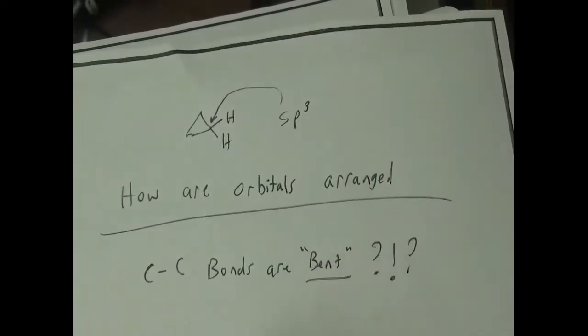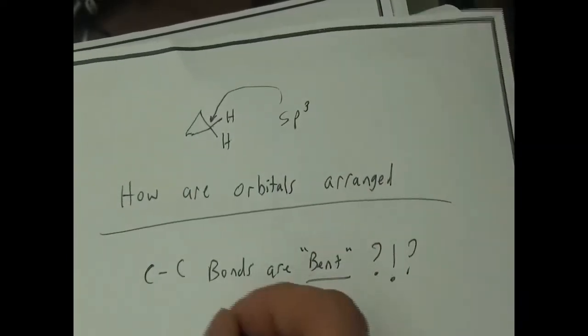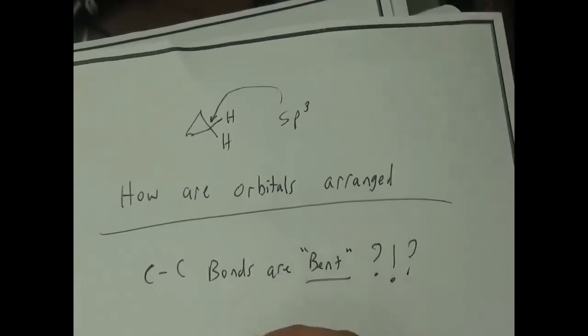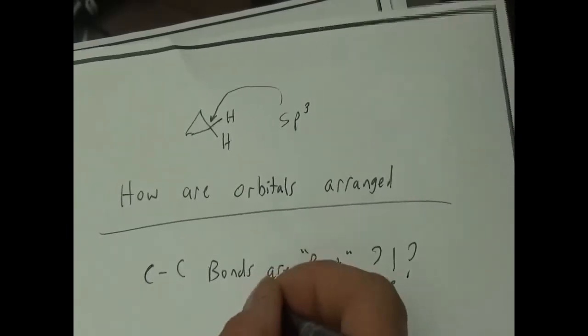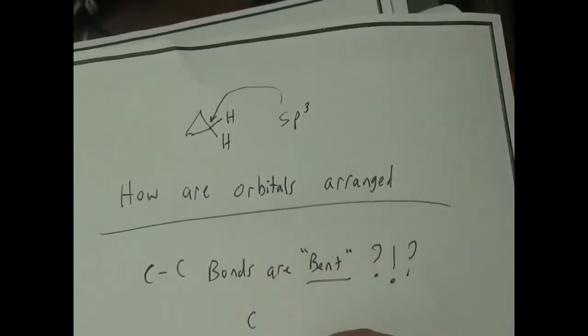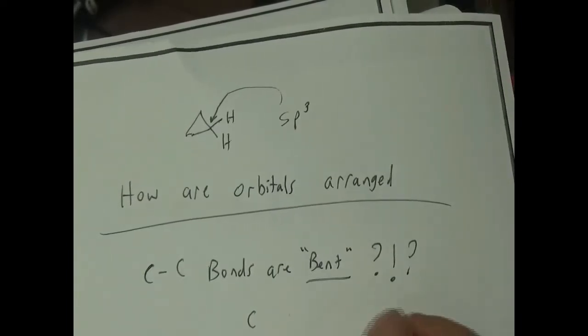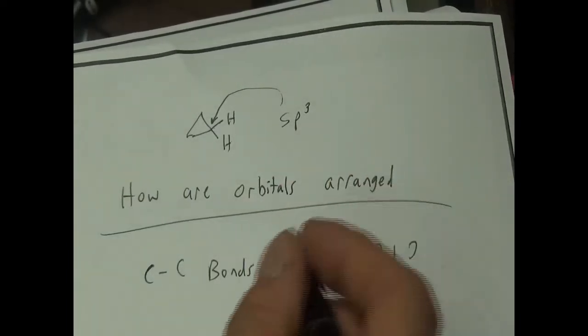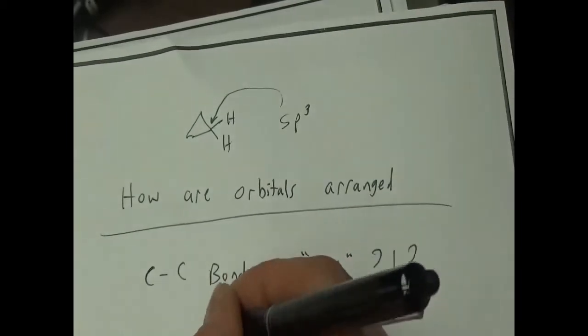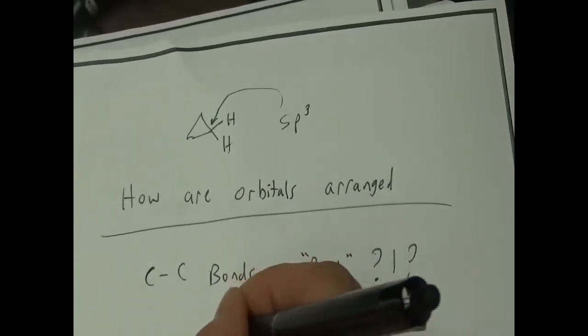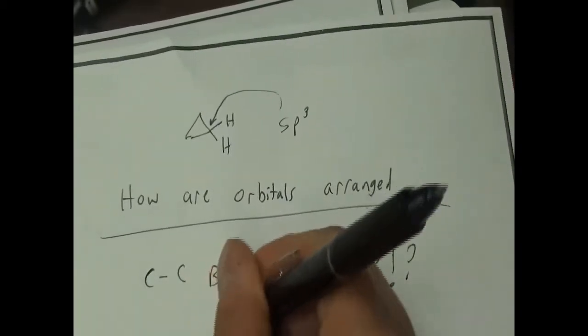How are they bent? So the bonding looks like this. You have C, C, C. Draw your 3 carbons, right? And what happens is, let's draw this a little better.